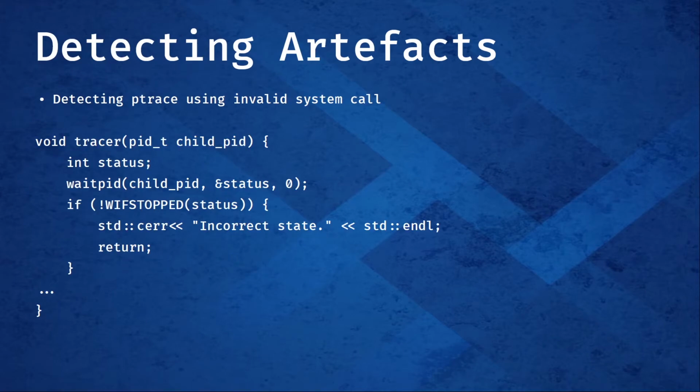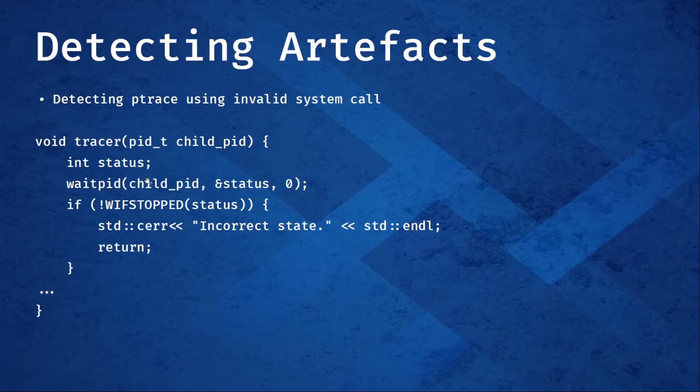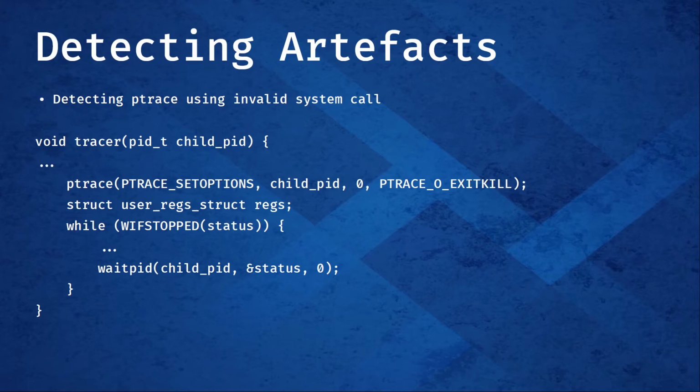So what we do is take the process ID of the process which is running this particular code, and then we wait for that process to change status, and when it has stopped, we set ptrace options so that it will terminate the process on exit.